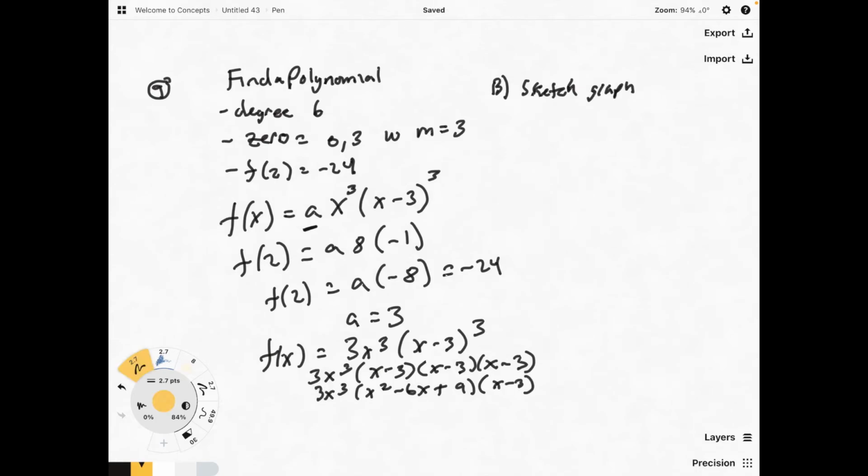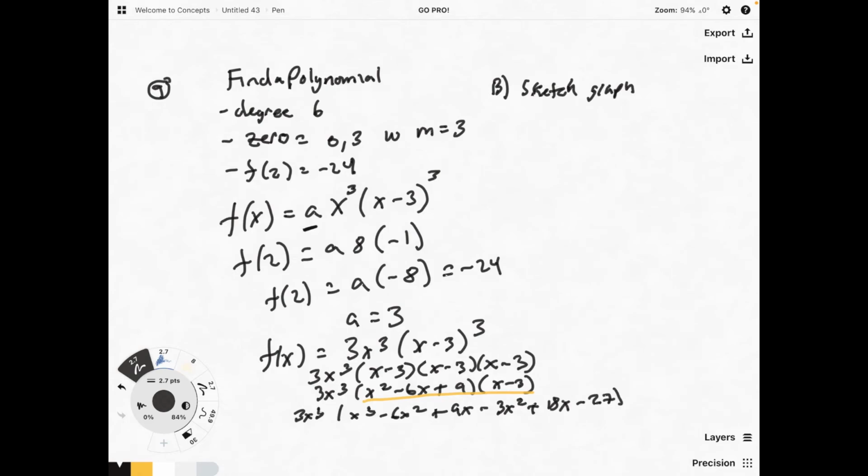When we do this multiplication, we're going to get our 3x cubed still left out in front. We get x cubed minus 6x squared plus 9x minus 3x squared plus 18x minus 27.